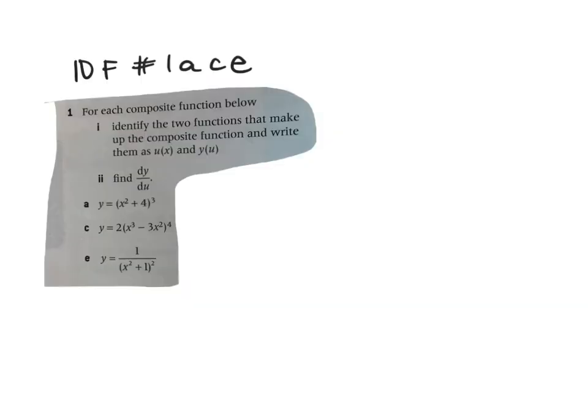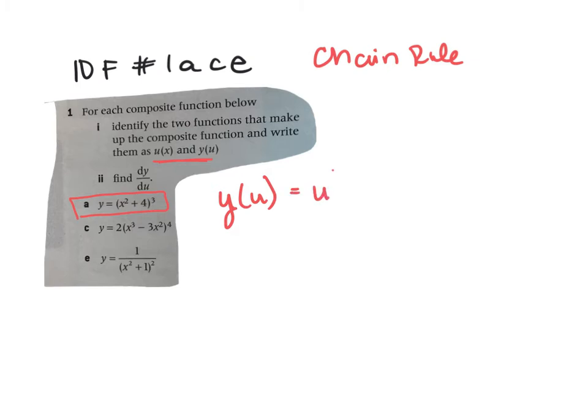Okay, so this now in 10F, we're talking chain rule. And first thing that they want you to do is just figure out what the inside and outside functions are. So like for A, I would call y of u, that would be u cubed.